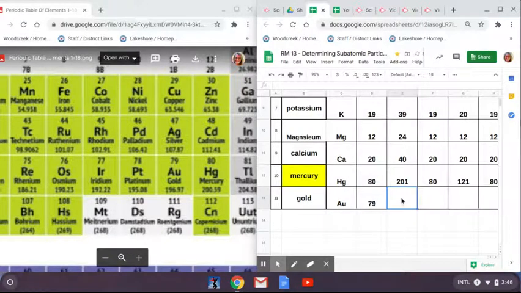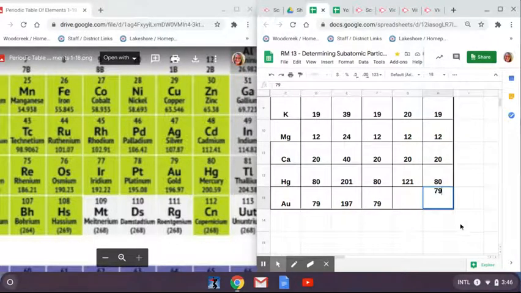It has a mass number of 196.97, so I'm going to round up to 197. And gold has 79 protons and 79 electrons, because protons and electrons are equal to the atomic number in a stable atom. To find the number of neutrons, I need my calculator again. The mass number is 197 minus the atomic number of 79 gives me 118 neutrons.